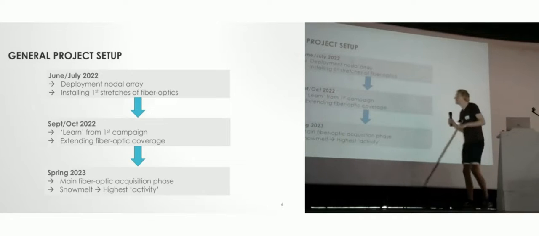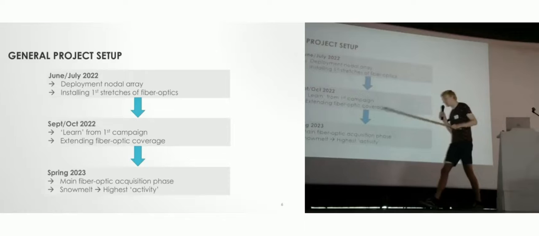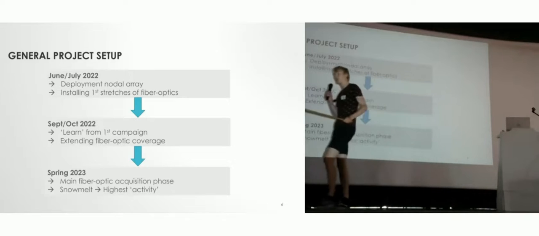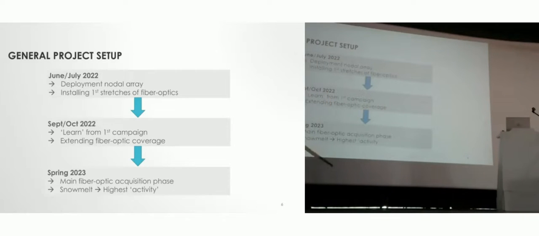Now, very briefly, the setup of our project. So actually in 3 weeks, our first main field campaign will start. So I'm writing a lot of emails these days to also work out all those logistics, because in June, July, we'll deploy the big nodal array on this landslide and we'll install the first stretches of fiber optics as well.